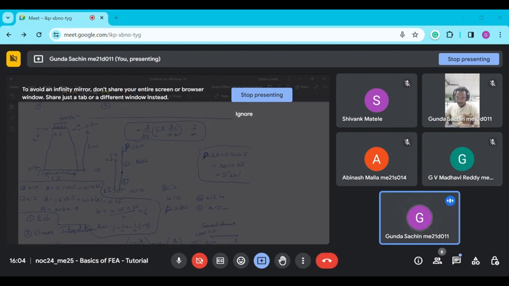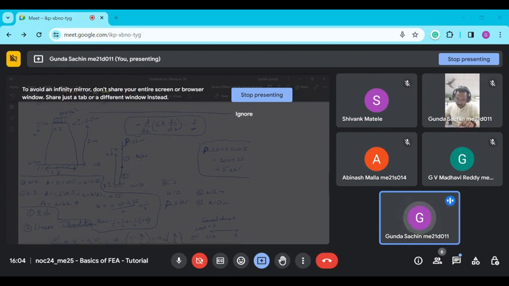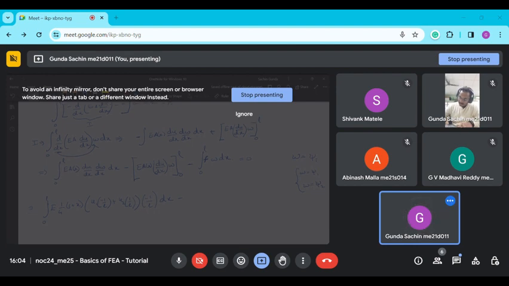And keep in mind that this F is the body force which is acting through the whole body, and in this problem we don't have any body force, so F is 0 in this case. So we can completely neglect this term and make it 0.